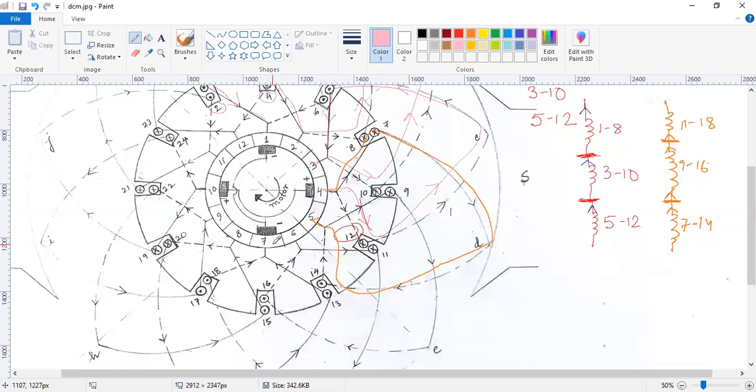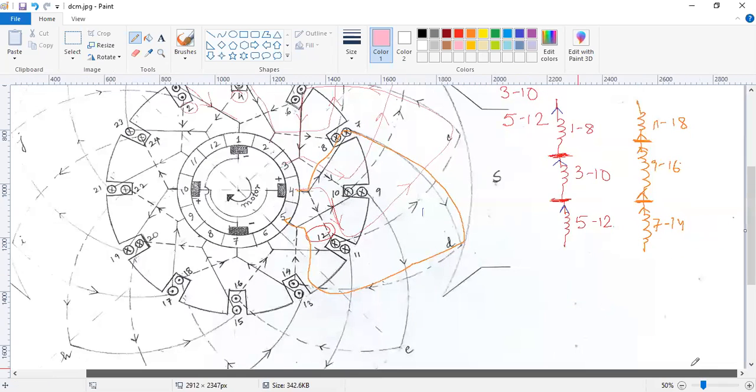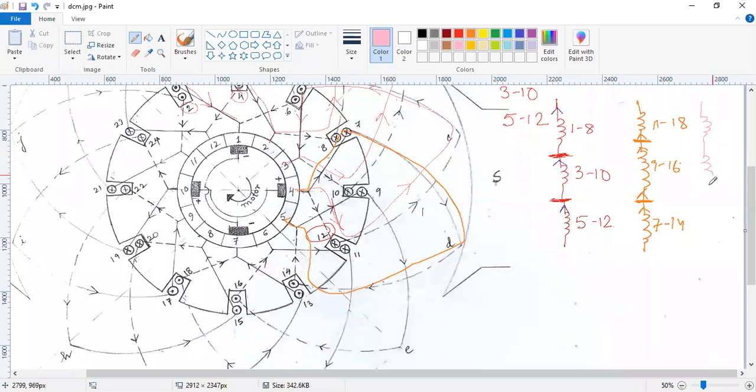So that means if I draw it here, I think I cannot draw. Okay, so let me draw it here. If I draw 13, 20, next 15, 22, and 17, 24.